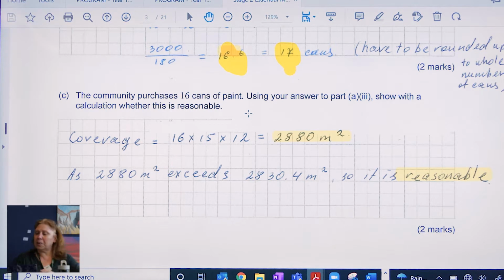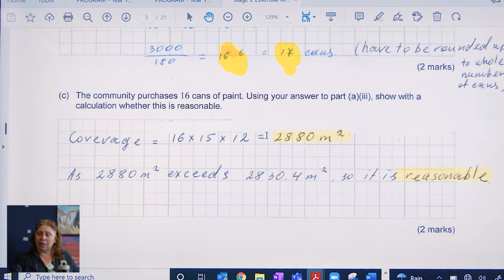Again, it's 2 marks. You need to discuss if it's reasonable or not, but first, they need to do the calculations. And for example, if they did the wrong calculations, but they discussed their answer correctly, they still will get the mark there.